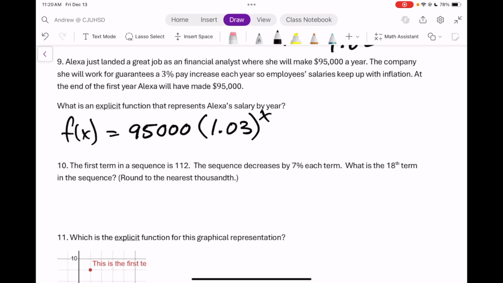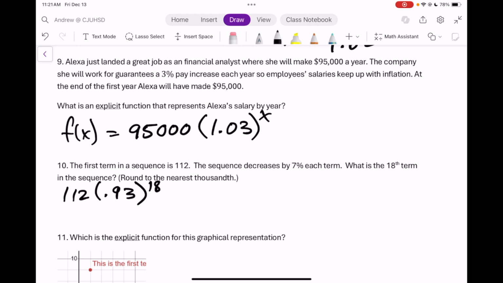Number 10. The first term in a sequence is 112. The sequence decreases by 7% each term. That means if it loses 7%, it's retaining 93%. So that would be 0.93. And then what is the 18th term in the sequence?